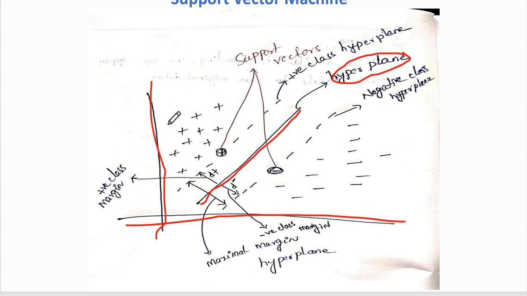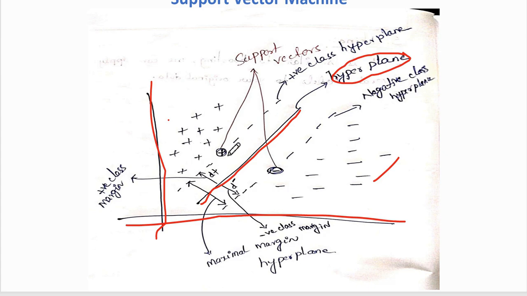Let us assume these are the positive classes and these are the negative classes. If we project the points in this two-dimensional plane, we get all the positive points in this region and all the negative class points in this region. Clear? Now apart from this hyperplane, in SVM we also find two more planes.